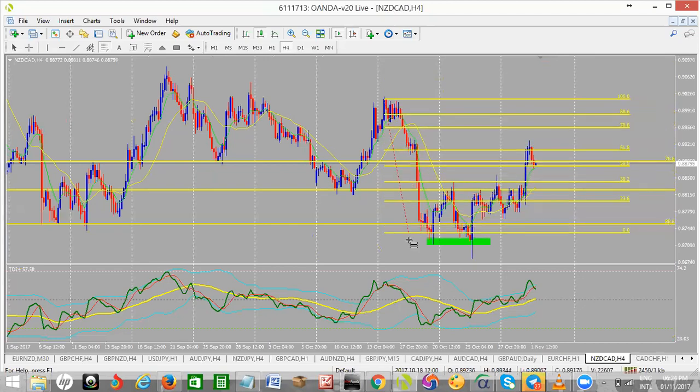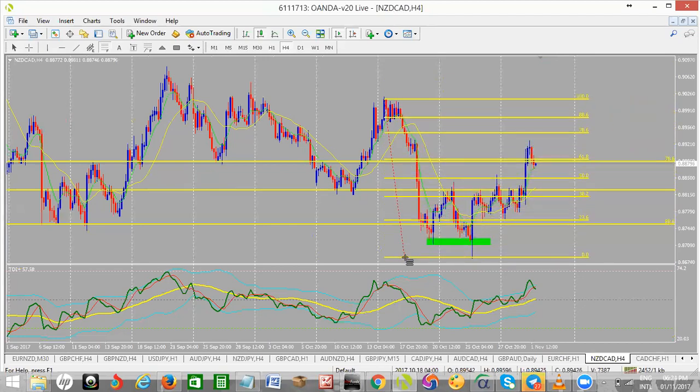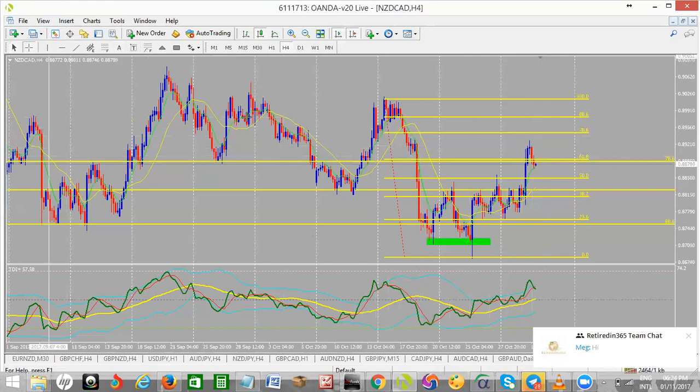I was waiting for it to get there, but I missed the entry. See this? 61.8. No drawdown. No drawdown. Because you see that pattern, I'll get in here after this doji. That is where I get in. Then by now I should be in profit.